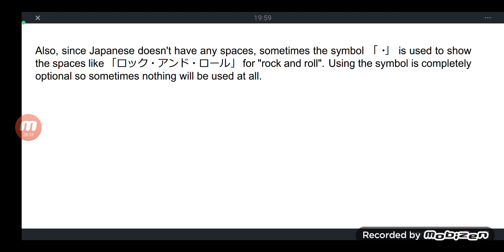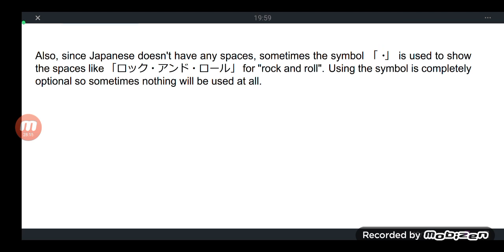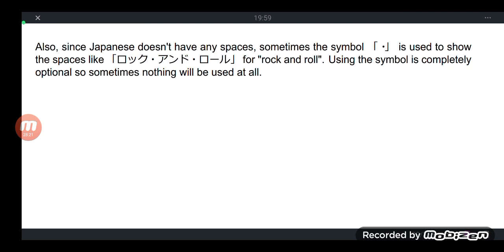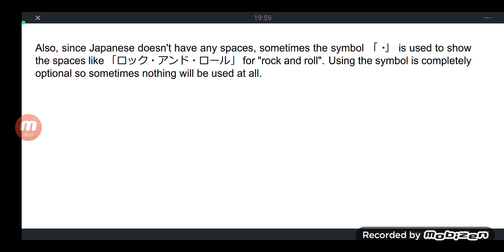Since Japanese doesn't have any spaces, unlike Roman writing, what would be your separator if you're not allowed to use spaces? The separator is a dot. You see that dot? The dot symbol is used to show spaces, like in rock and roll.